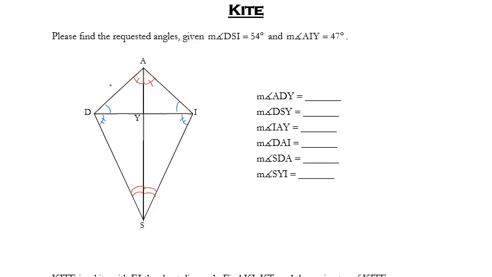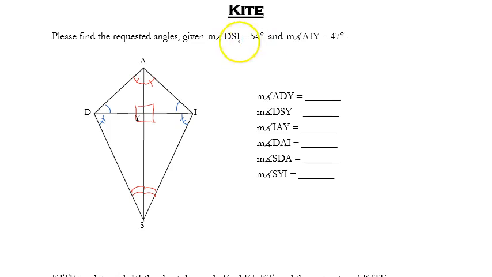The other major thing to remember here is that the diagonals, long and short, are perpendicular. All four of these are 90-degree angles. Beyond that, we have to remember exactly how to do triangle sum theorem and name angles.